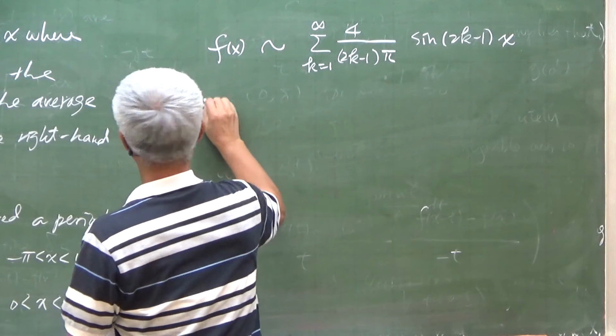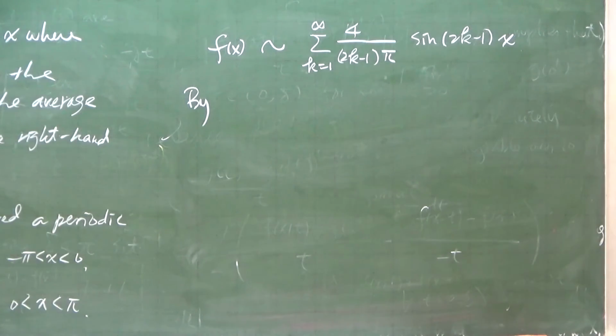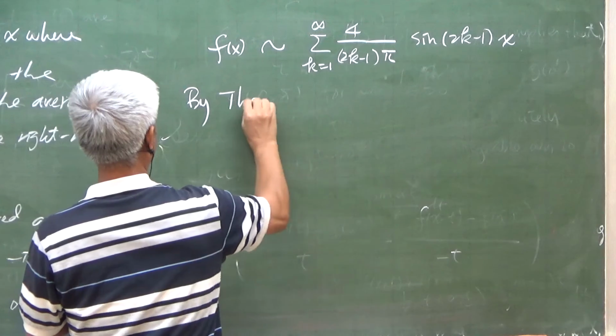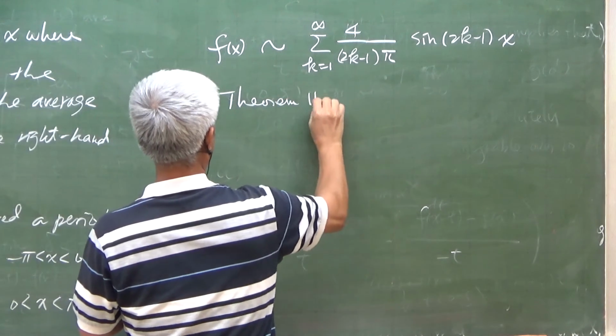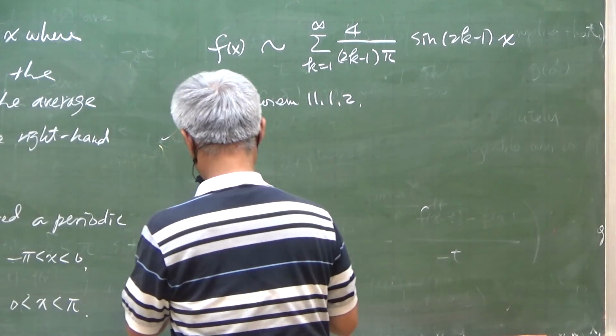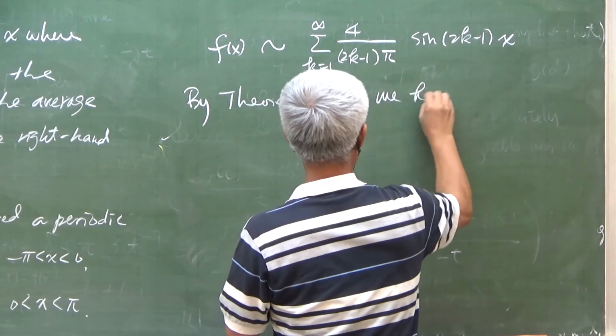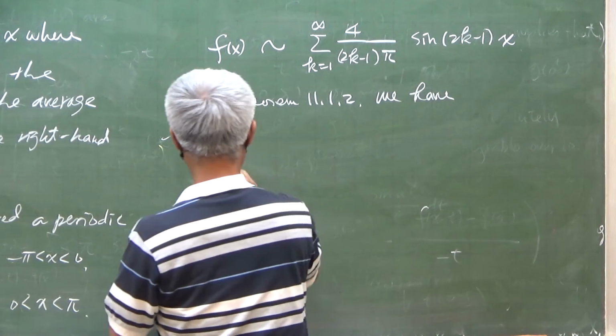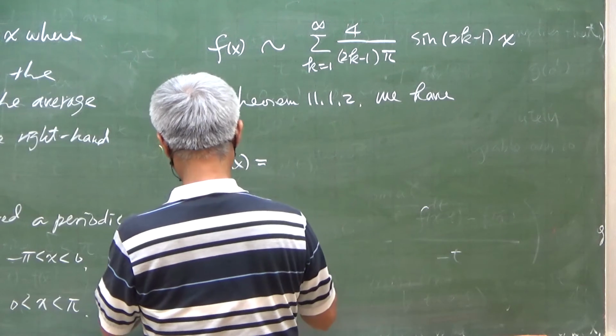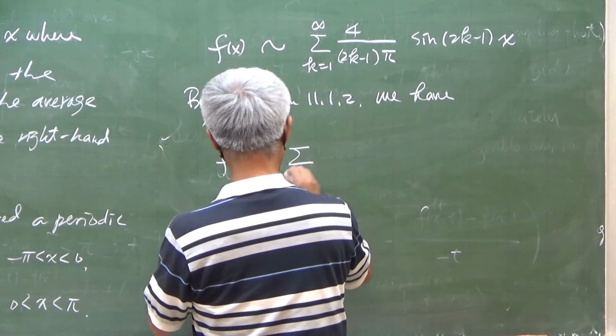So now, by this representation theorem, we can conclude that f of x is equal to the sum.